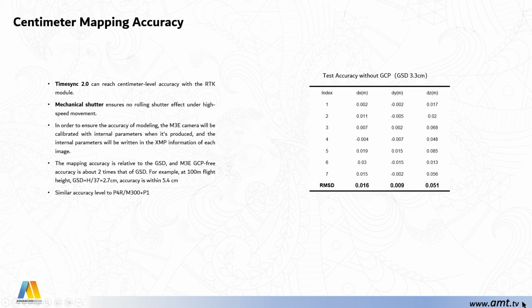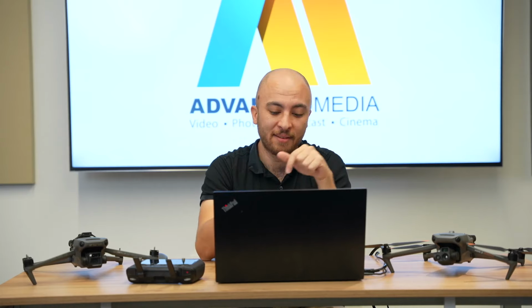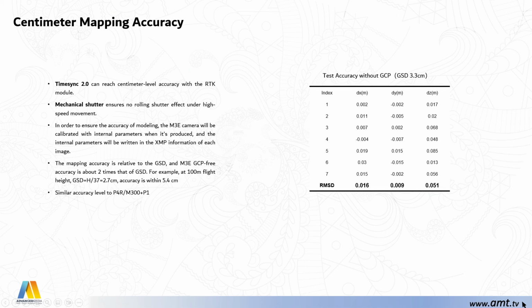So this is a table mentioning the errors you will get without a GCP, without using a ground control point. You will be able to achieve really highly accurate data, and it's mentioned here that it's almost the same level as the Matrice 300 with P1.